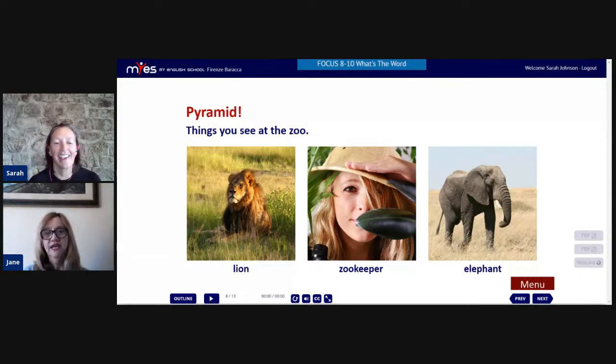Good. And the third picture that I have is the animal where we don't know what the sound is that it makes. It has four legs, it's grey, it's big, and it lives in Africa. It also lives in India.